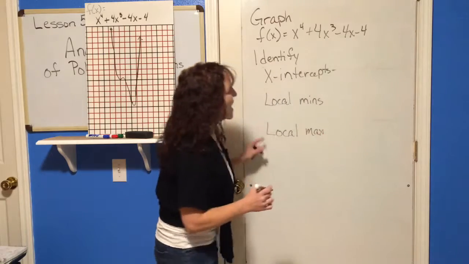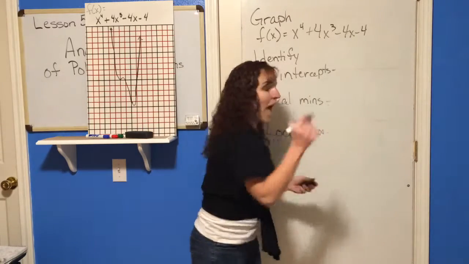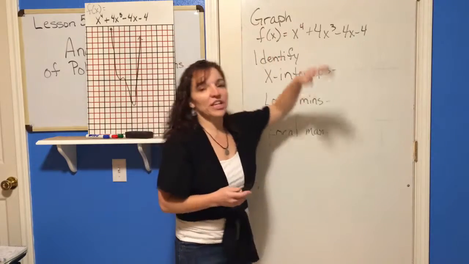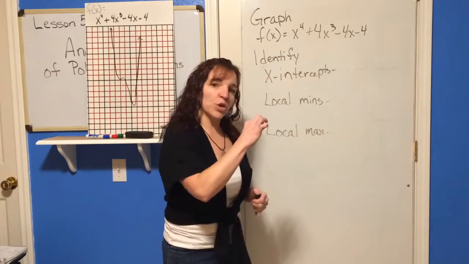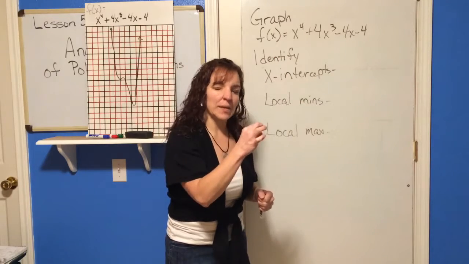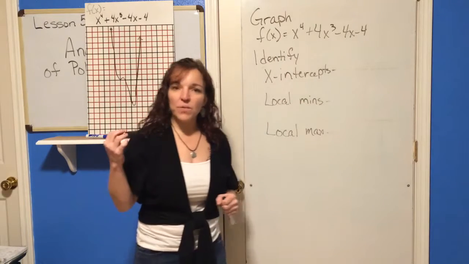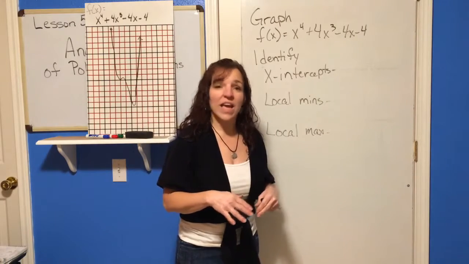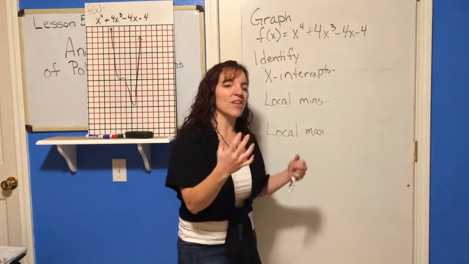Okay, and here's what's going to happen. If you have a graphing calculator, you can plug this function into your graphing calculator, and you can trace the graph, and you can find those exactly. On several of the problems that I will assign, there's a graph in your book already. And so what you'll do is you'll just have to look and you'll have to estimate.